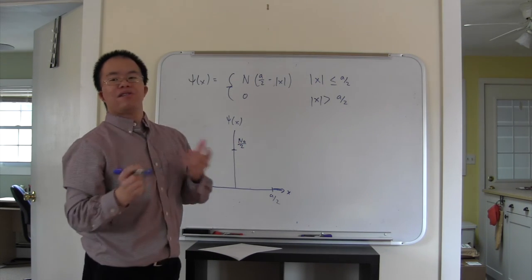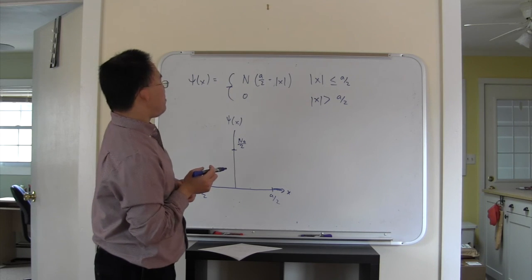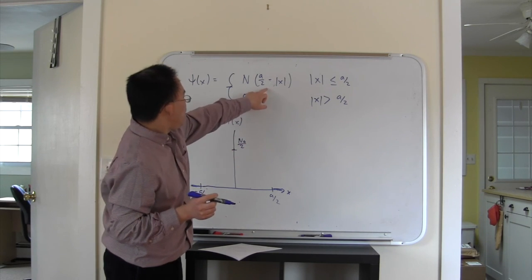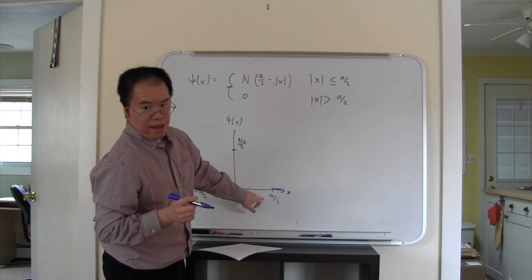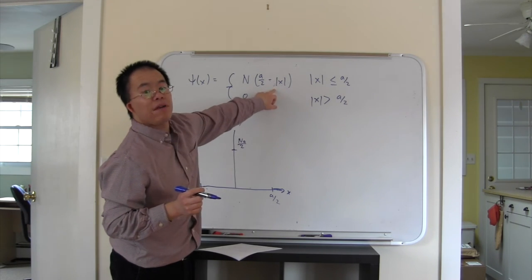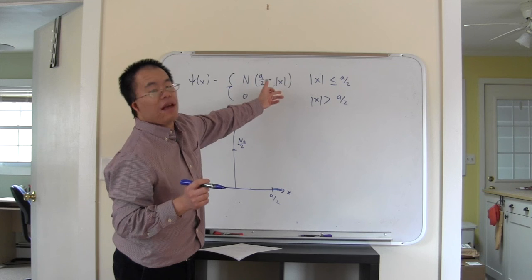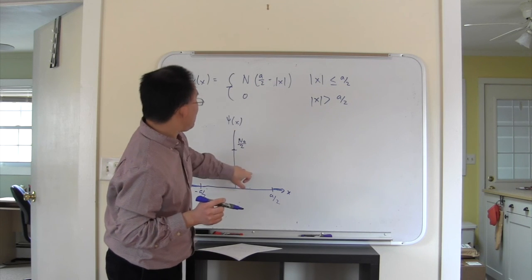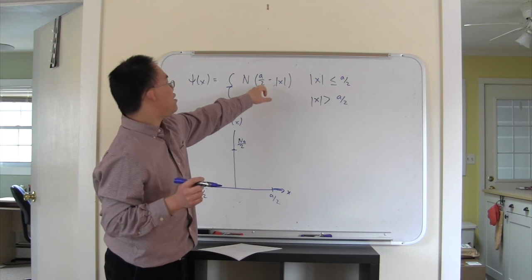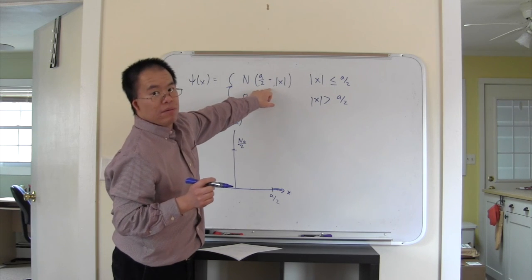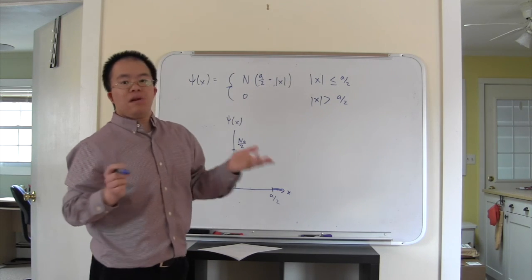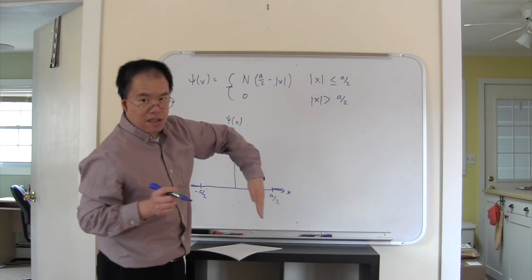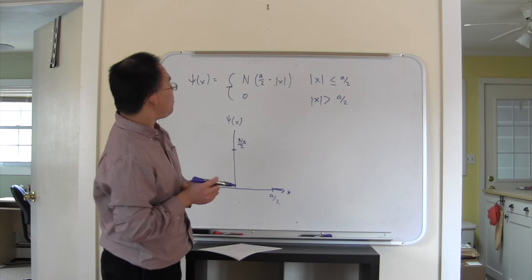Let's see what else we might piece out of this definition. Now for positive x, we know that the absolute value of x is just x. So out here, the wave function is just n times a over 2 minus x. So that should be a linear function. If it's minus x, it's got a downward slope.